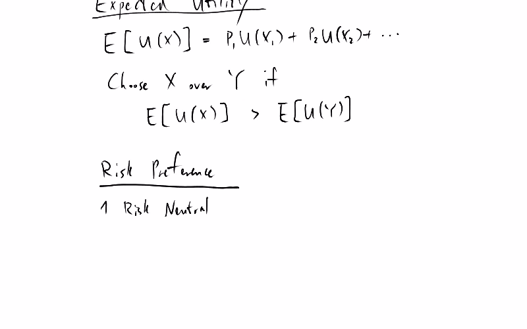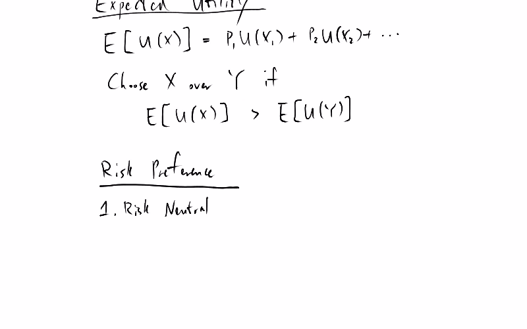The first case is risk neutral. The case of risk neutral is when you don't care about risk. What that means is you're essentially just caring about the average value. It doesn't matter whether you get very high X sometimes, very low X sometimes, or you just get the constant X every day. All you care about is the average.